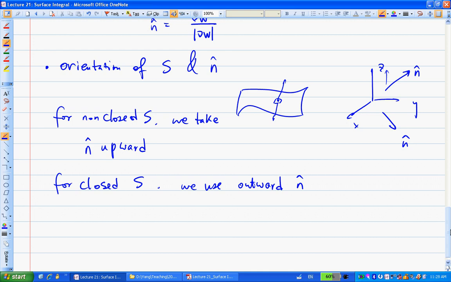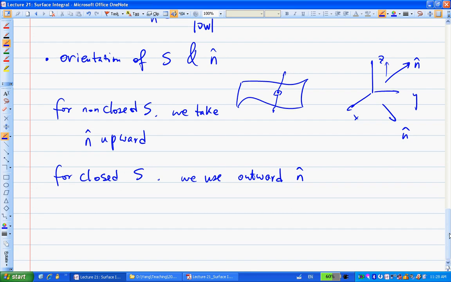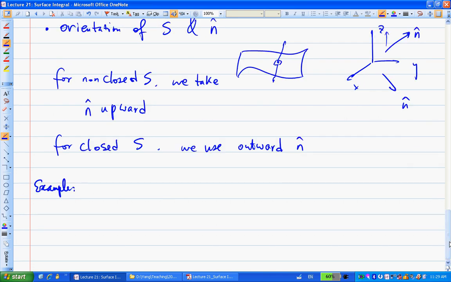Once we've decided on this, let's look at different cases in terms of evaluating this integral. First, let's take a very simple case.